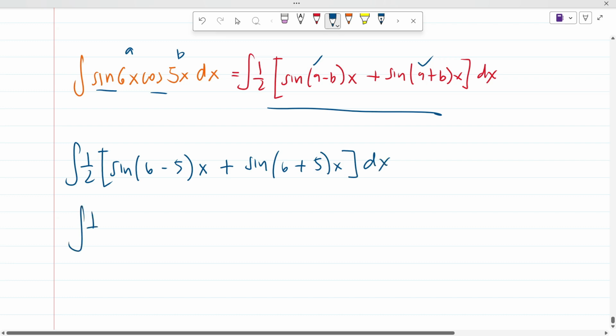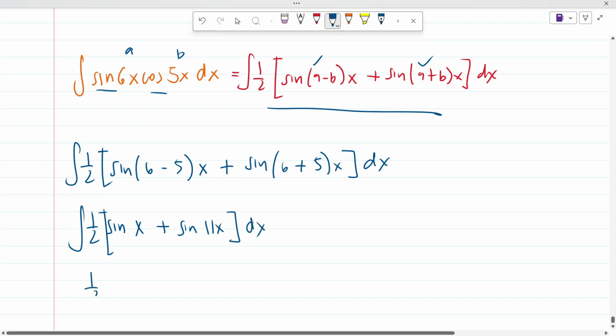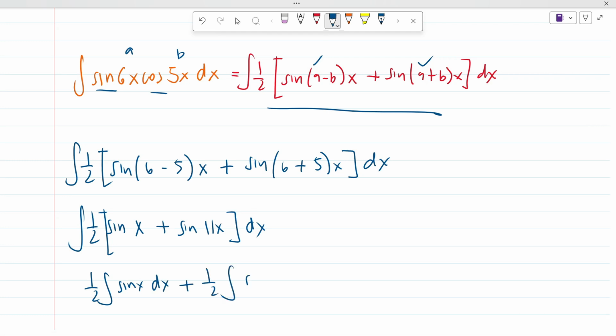So the integral of 1 half sine of x, 6 minus 5 is 1, plus sine of 6 plus 5 is 11x dx. Then integrate them one by one, 1 half sine of x dx. The 1 half is distributed to all the integrals.